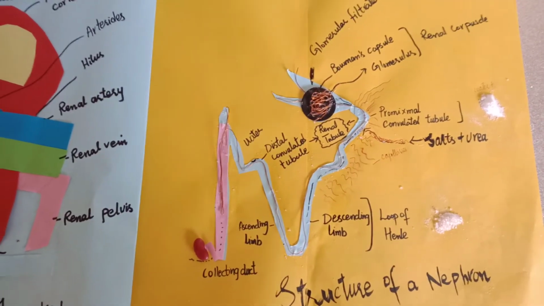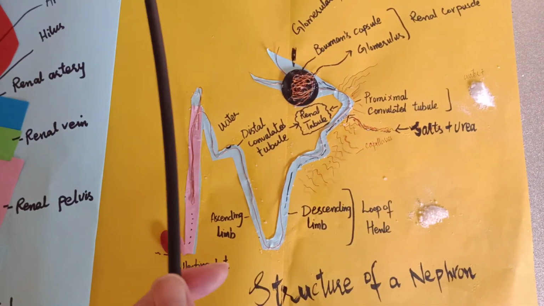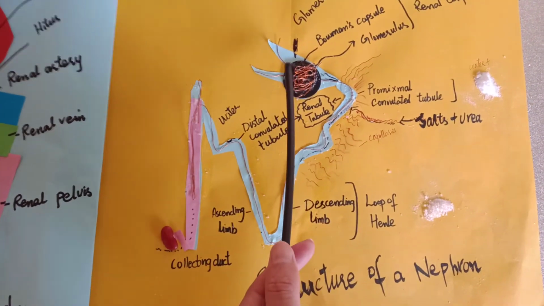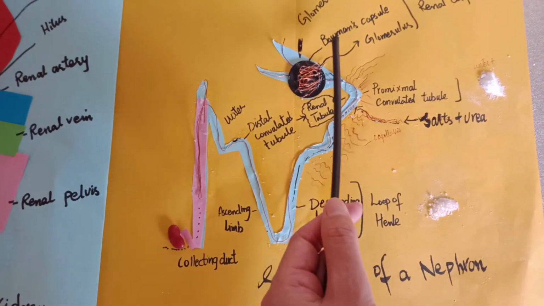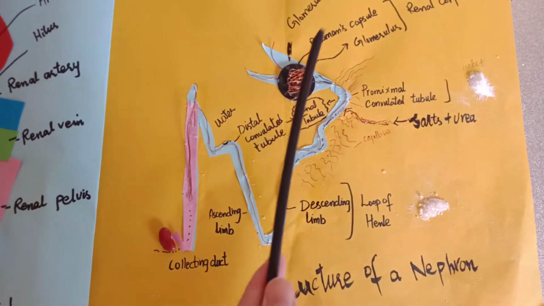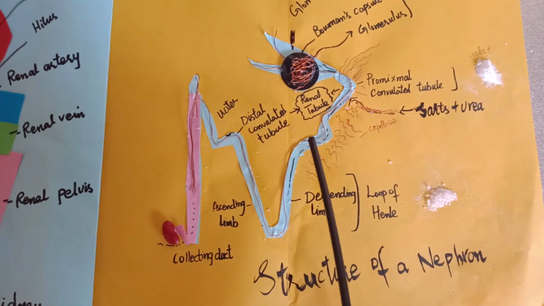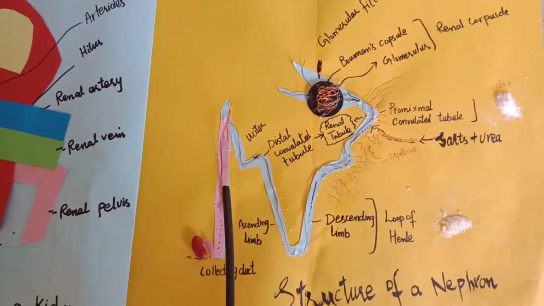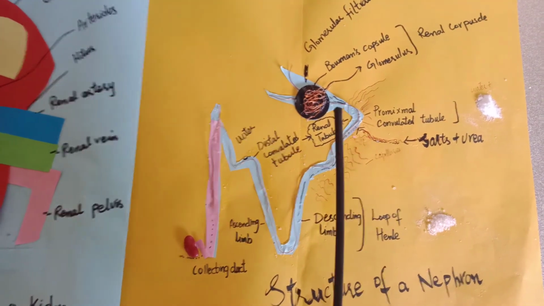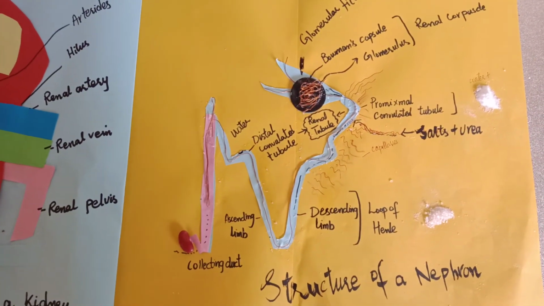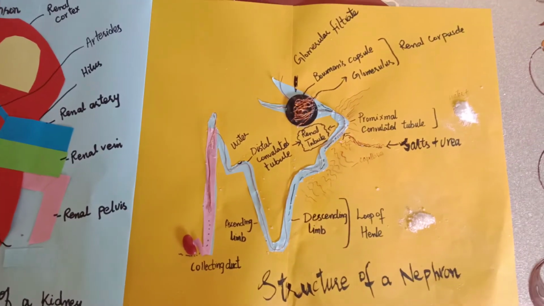And if the amount of water in blood is less than normal, then less water is filtered from this glomerulus to Bowman's capsule, and there is more absorption of water from this renal tubule to the capillaries. In this way, a lesser amount of concentrated urine is produced, so the amount of water in the blood and the body remains normal.